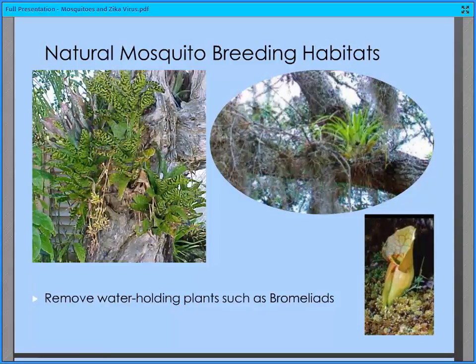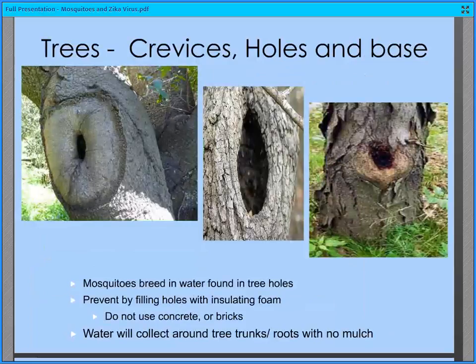We're also watching for plants, bromeliads. We've gone through and removed them from our schools. Not a very popular choice, but again, it keeps mosquitoes from having a harborage area. And we're also trying to educate and treat the trees where they have holes in them.